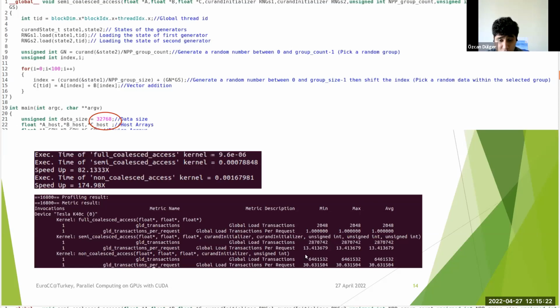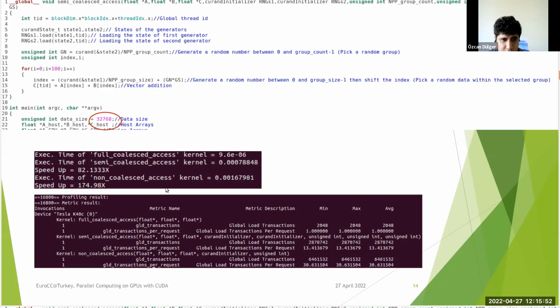It can be at most 16, so 13.4 is the proper output. And for the non-coalesced access, 30.6 is the average, so it is also the expected output for us. So when we examine the speed up, we can see that the effect of eliminating non-coalesced access is very important.